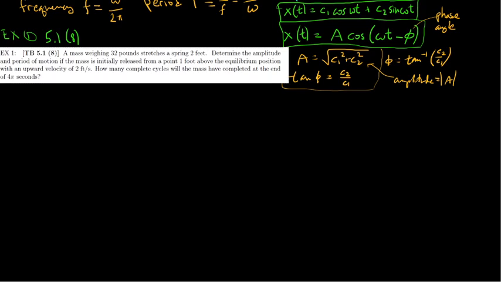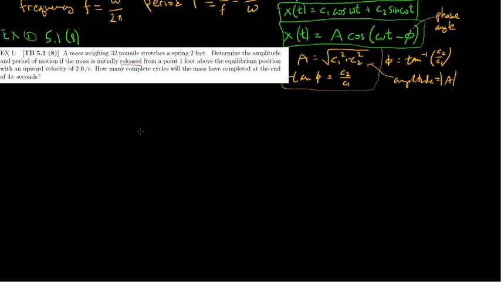So we have a mass weighing 32 pounds, stretches a spring 2 feet. We want to determine the amplitude and period of motion if the mass is initially released from a point that's 1 foot above the equilibrium position with an upward velocity of 2 feet per second. So I might quibble with the word released. Then we're not really releasing it.